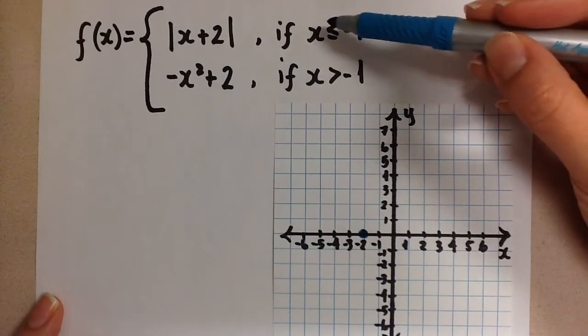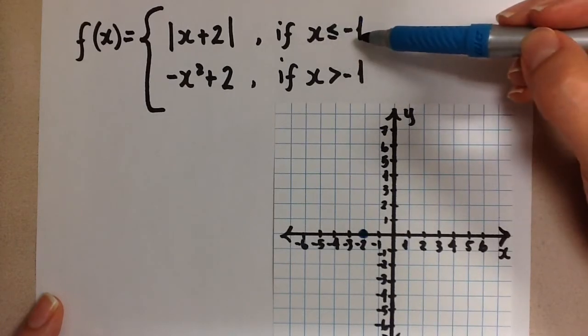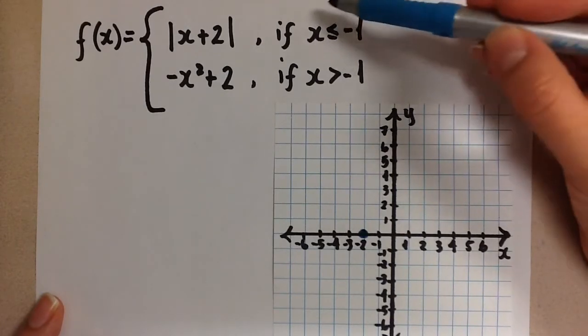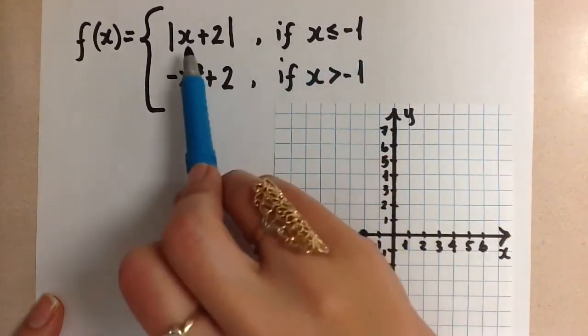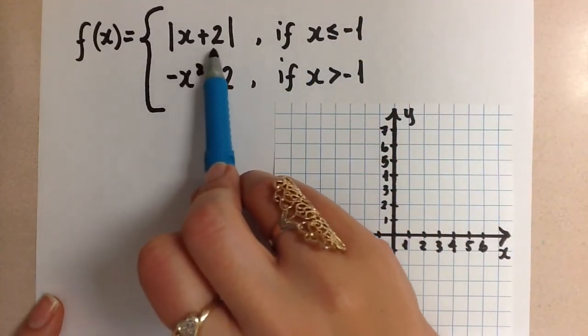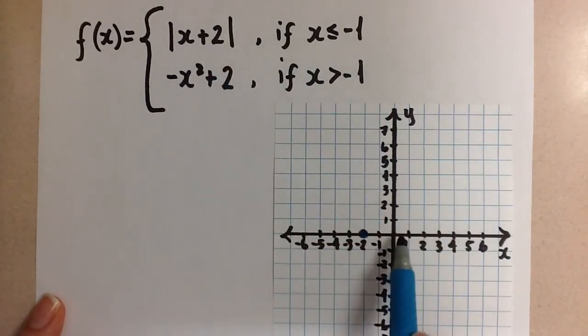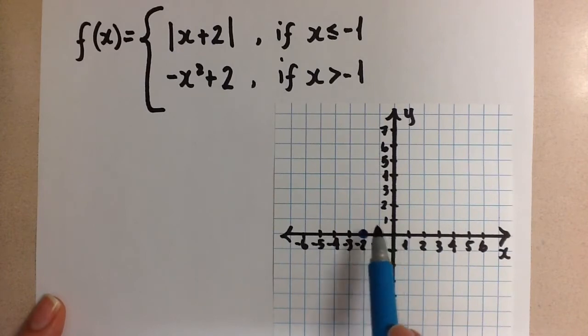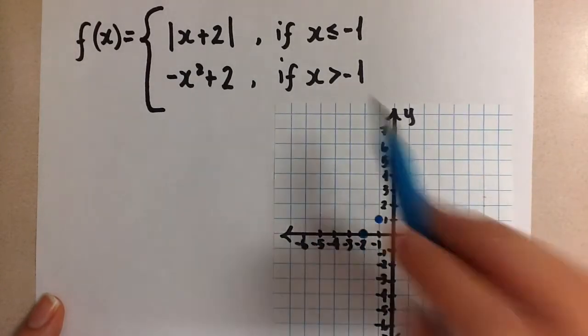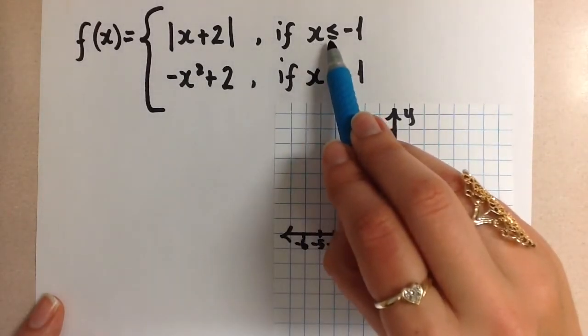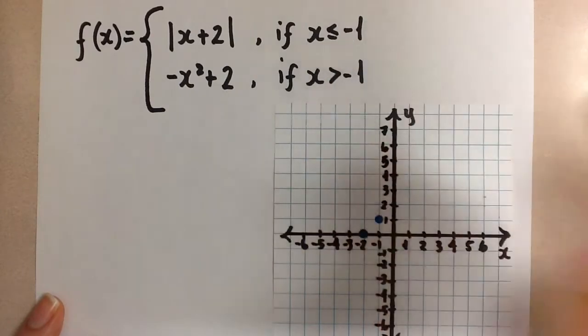Then we have to think about what happens when x is equal to -1, because that is the break of this interval. So if you plug -1 in for x here, -1 plus 2 gives us +1. So that means that this graph will go through the point -1, +1, and I'm going to put a closed circle there because the interval is x is less than or equal to -1.